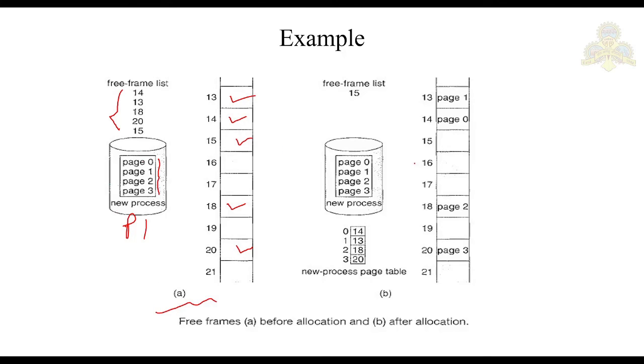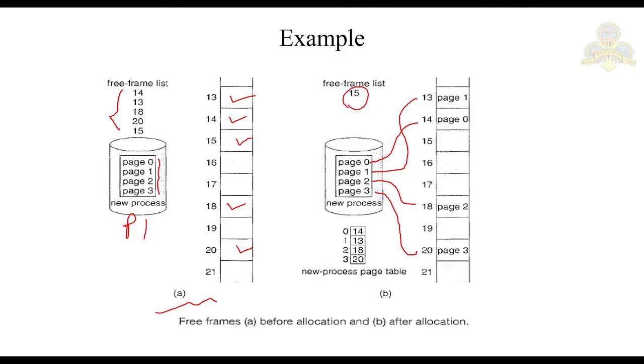Now suppose your operating system has allocated the frames like this: page 0 is present in frame 14, page 1 is present in frame 13, page 2 is present in frame 18 and page 3 is in frame 20. Now out of 5 frames, 4 frames have already been allocated.